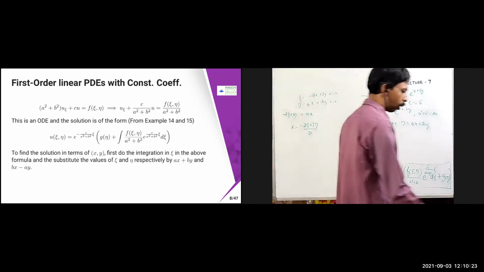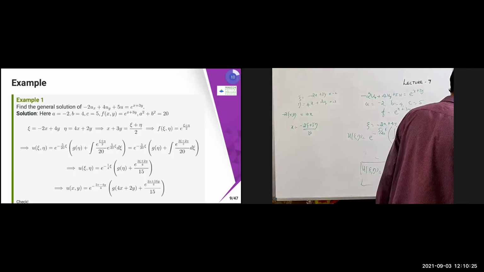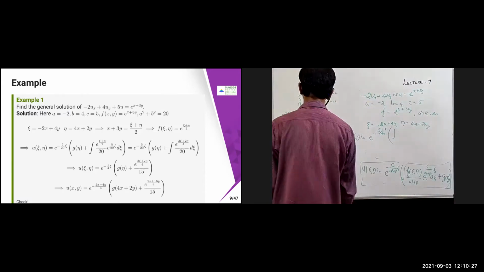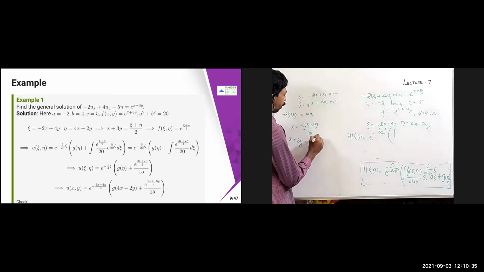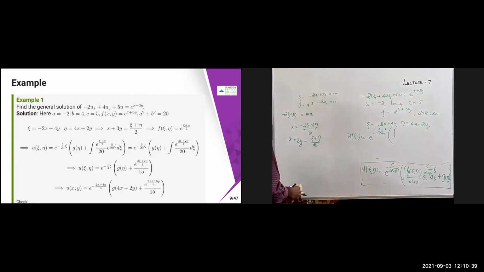Okay, so you see this one. So you want to find what is x plus 3y. Similarly you can find the 3y. So x plus 3y is going to become chi plus eta by 2. You can verify that. Just sum it up, similarly do the y term and then multiply it. So you are going to get the answer for this. So chi plus eta by 2 is going to come for the x.